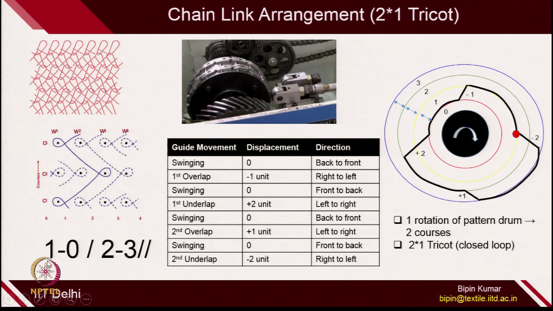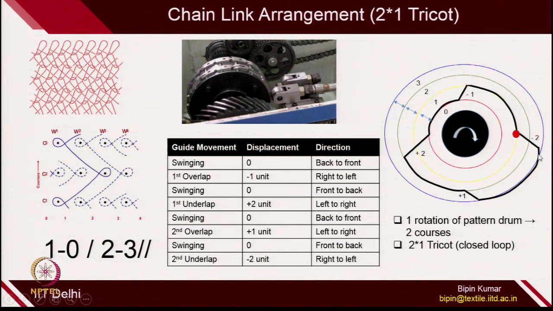I have also shown how you can arrange the sequence. You can have 1, 0, 2, 3, this is the lapping plan. You can pick the chain link of 1 height, 0 height, 2 height and 3 height, arrange them in a sequence, make the chain and put it on the pattern drum. Once the follower starts, it will swing, then sagging, then swinging, then sagging, and then again swinging.